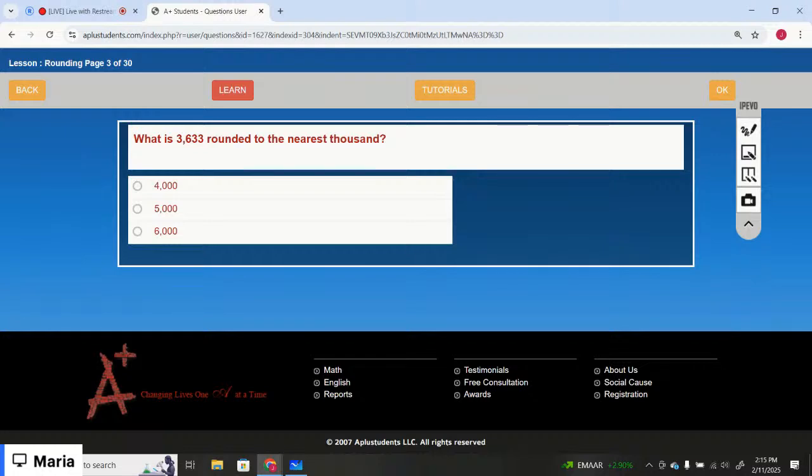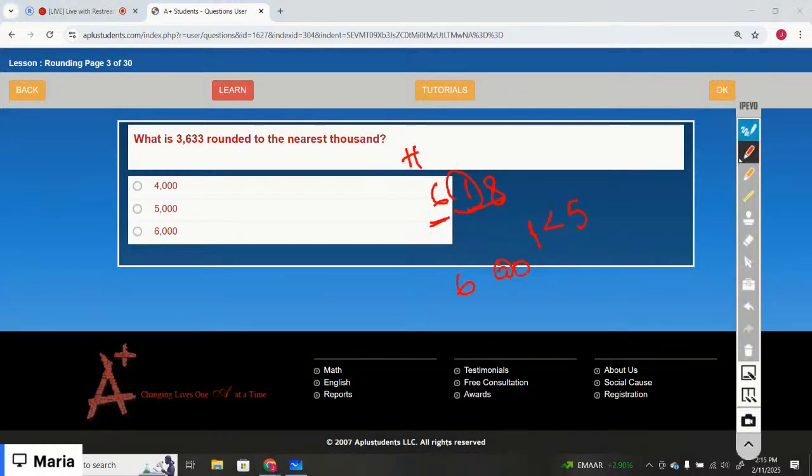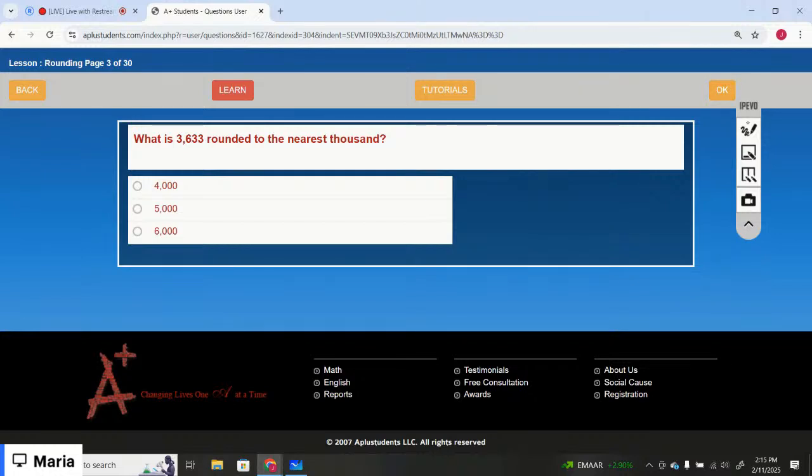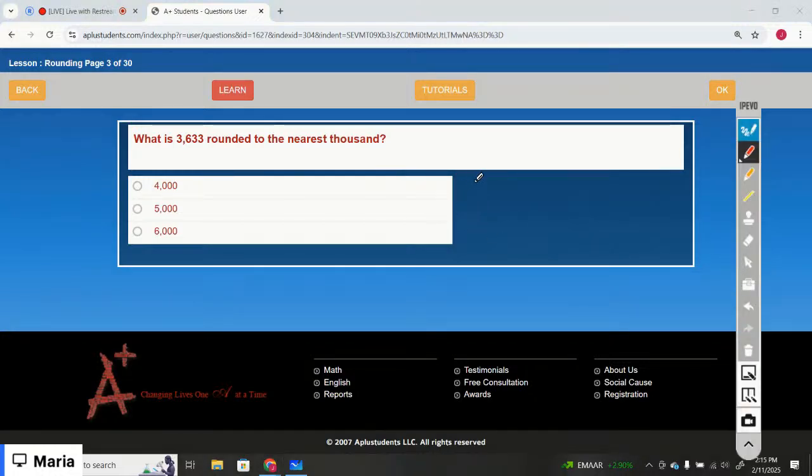What is 3633 rounded to the nearest thousand? The digit that is at the thousands position is 3, right? And the next digit is 6, and 6 is greater than 5.